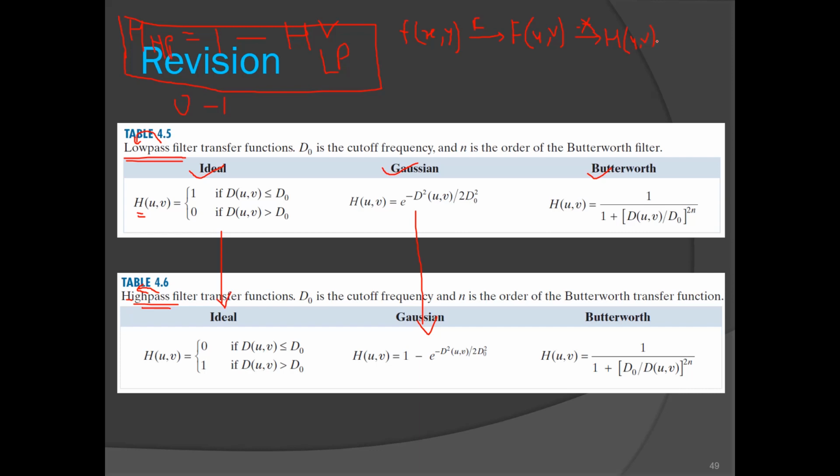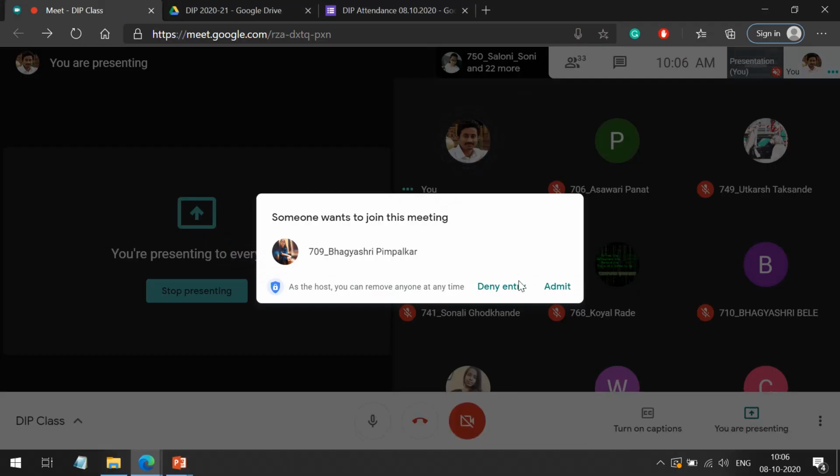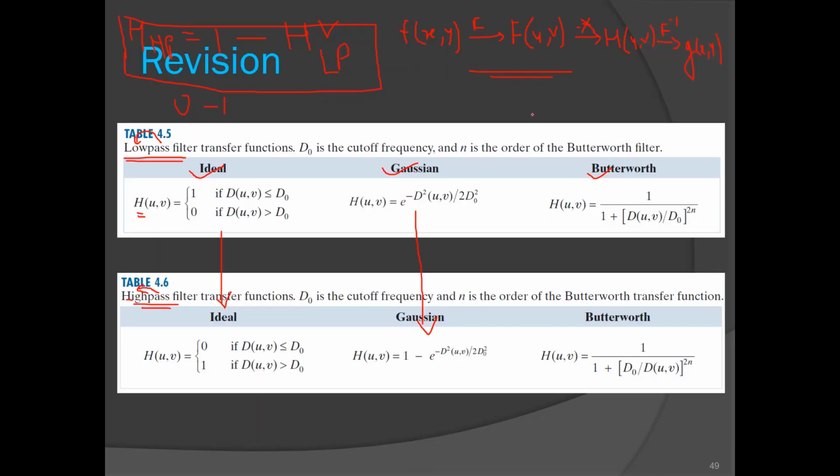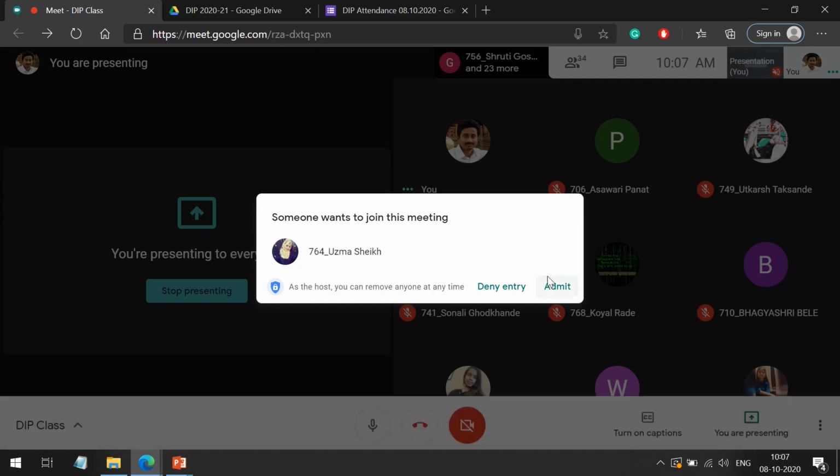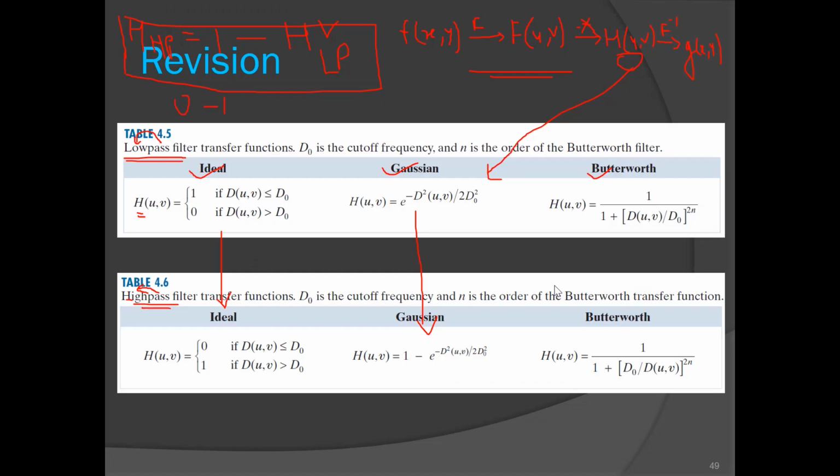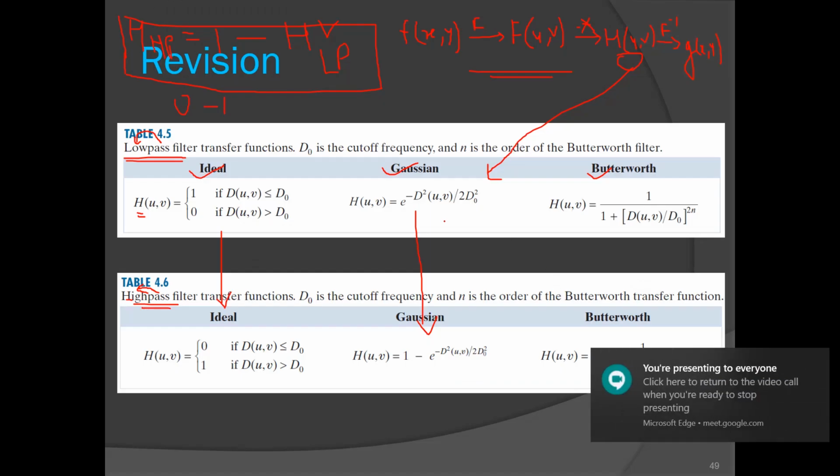Now processing is done. Then we do the inverse Fourier transform, and then we get a processed image at the end. So this is the procedure of filtering in the frequency domain. And this H of uv is determined by these equations. As per the requirement you have to decide the value of H of uv.